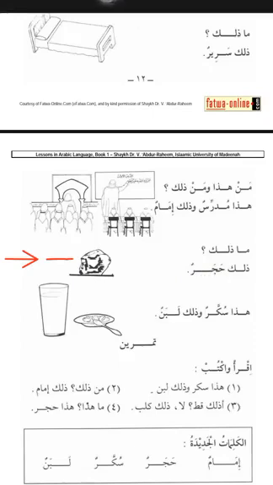The next one, هذا سكر وذلك لبن. This is sugar. وذلك, and that is what? Is milk. And that is milk.